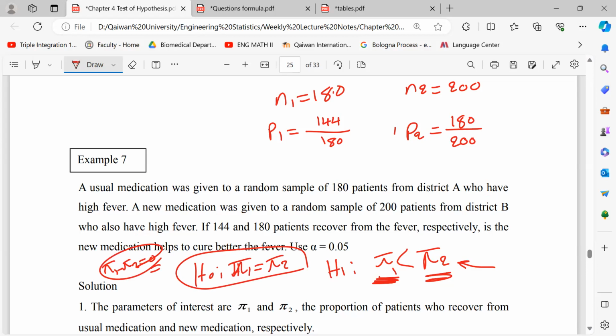Now, in the first step, we know that it's the difference of two proportions. As it says, is there any difference? It says the new medication is better than the usual one, which means it's the difference of their proportions.